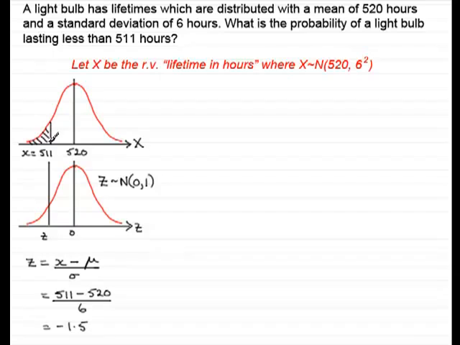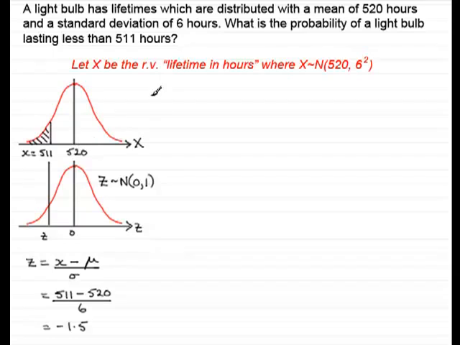That is that the observed value 511 is 1.5 standard deviations below the 520. And you can actually see that because the standard deviation is 6 and 1.5 standard deviations would be 9 hours. And if I step back from 520 9 hours, you'd get to 511, 1.5 standard deviations below the mean.